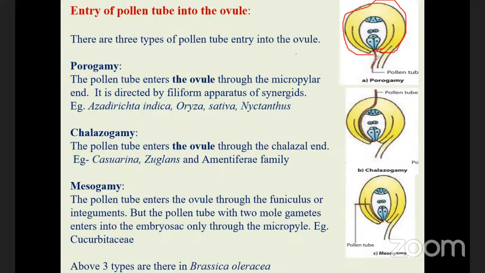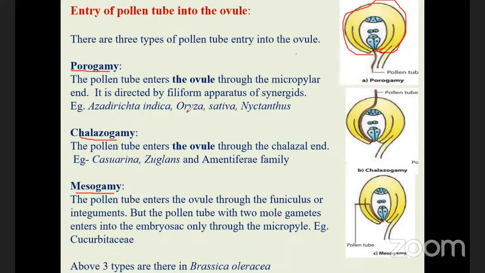Based upon the way the pollen reaches the ovule, there are three types: porogamy, chalazogamy, and mesogamy. Okay, porogamy, chalazogamy, and mesogamy. Porogamy is the commonest type.